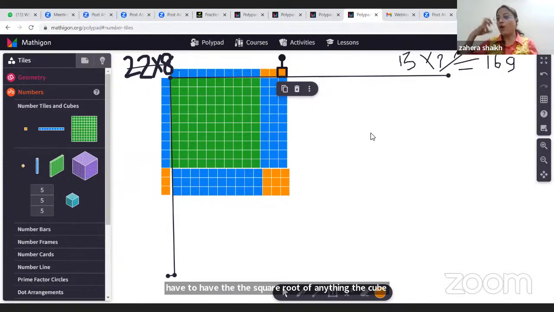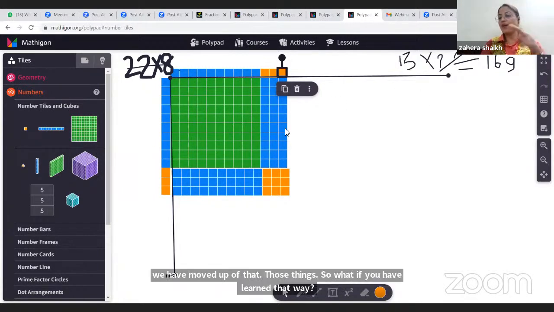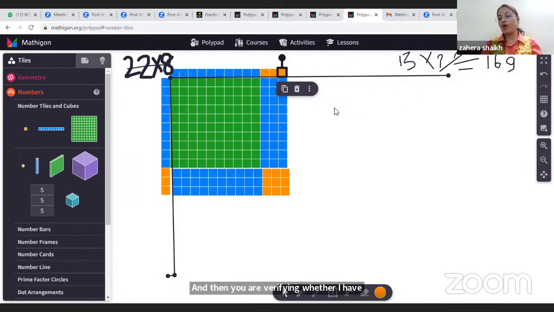So we have mugged up all those multiplicative facts: 12 12s, 13 13s, 14 14s. What if you have learned that way and then you verify whether you got the correct answer? That is doing mathematics using a manipulative.